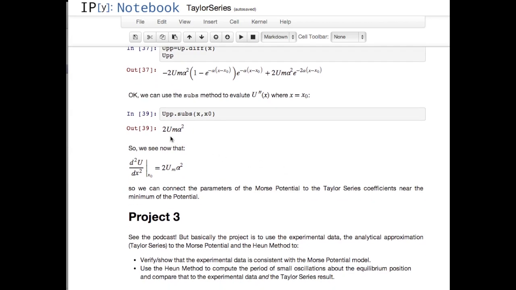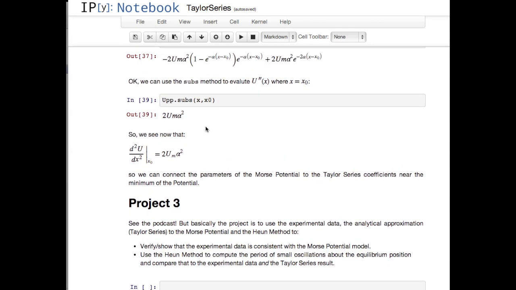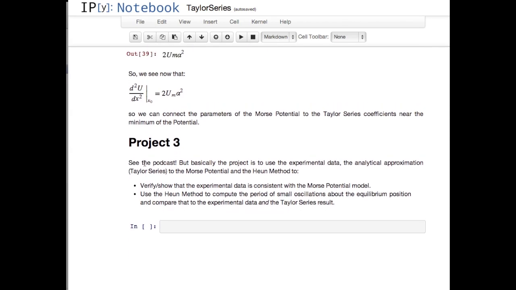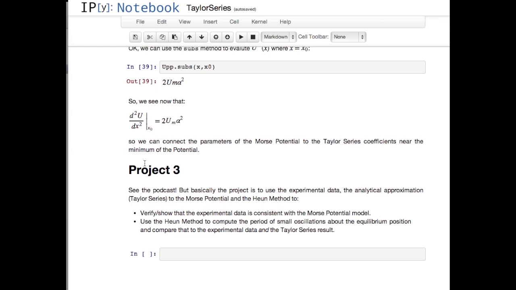Um is a single number. It's the dissociation energy. And so what that means is that the second derivative of U with respect to X is nothing other than 2 times the dissociation energy times alpha squared. But we also know that the second derivative of U with respect to X is nothing other than the effective spring constant. So we can use that to calculate the predicted period of oscillation.